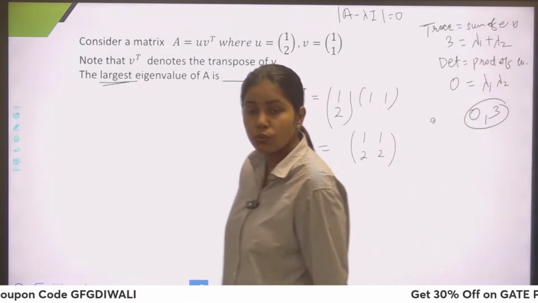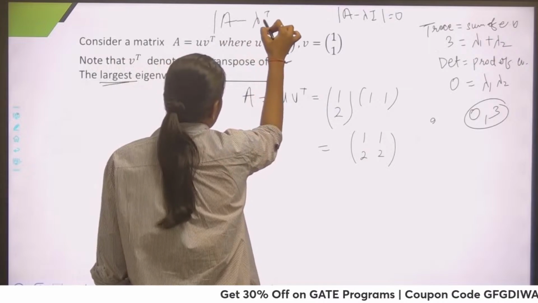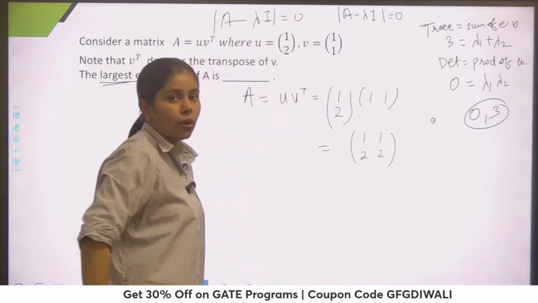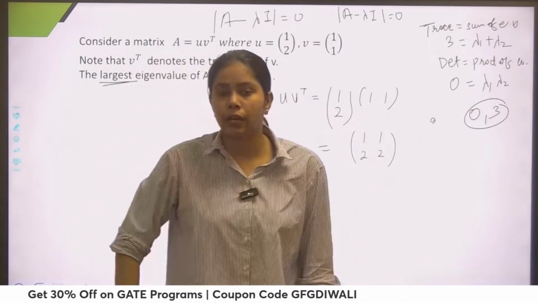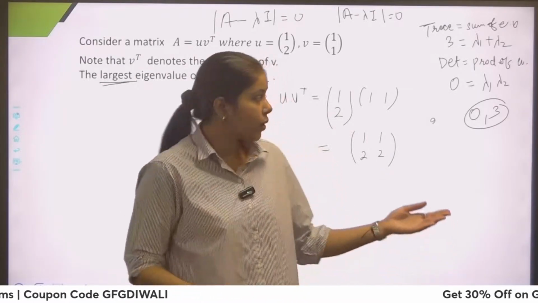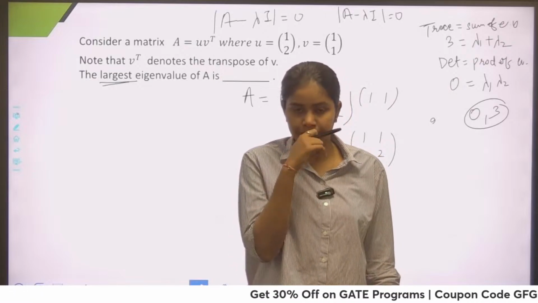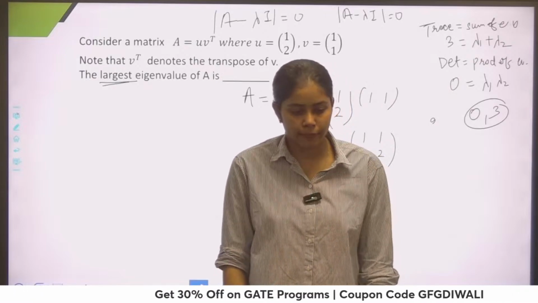So that means you do not need to find the eigenvalues with the formula determinant of A minus lambda I equals 0. Now you would ask, ma'am, why are we not using that method? You can find it by this method, but it's up to you, because this would take less time. So I hope this is clear.